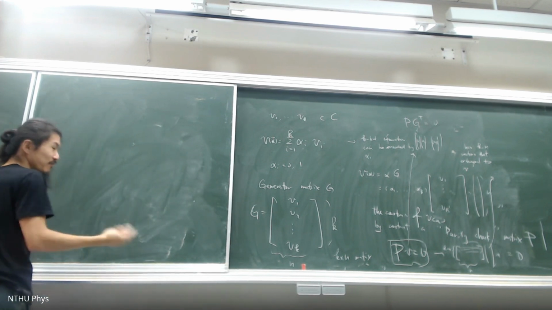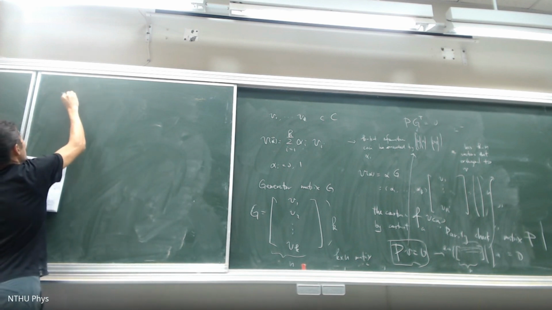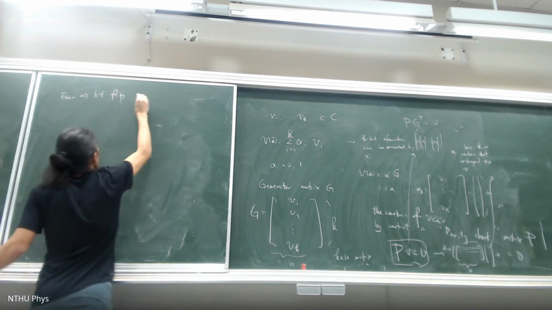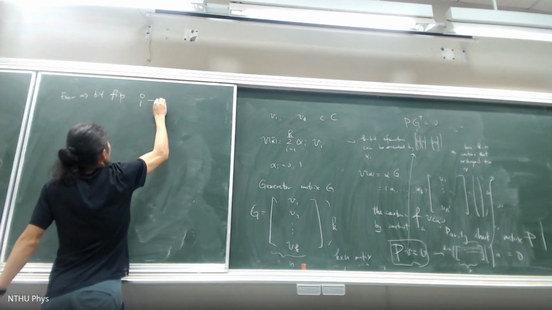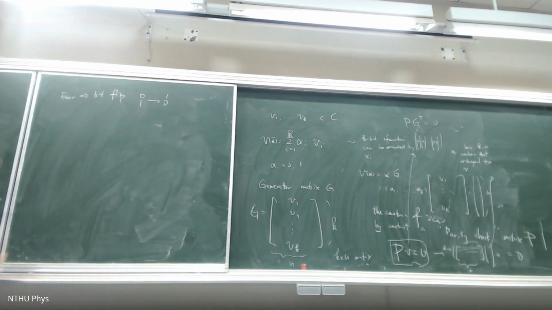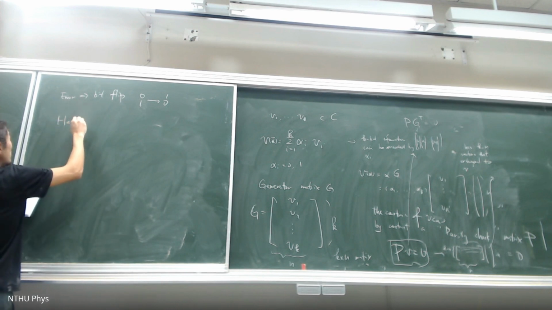How many bit flips can happen? So in the classical system, we have the Hamming distance.